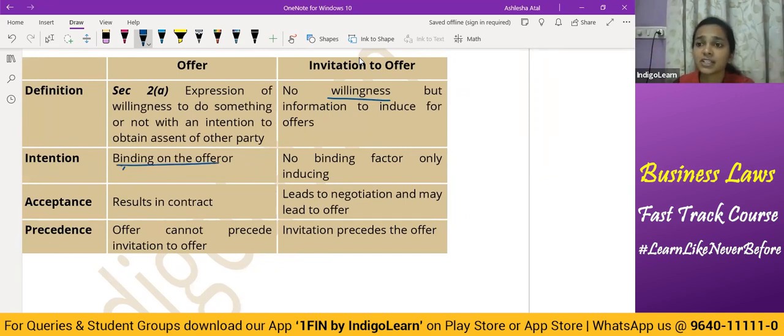However, in case of invitation to offer, there's no binding factor at all. Offer results into a contract. However, invitation to offer results into an offer. It may lead to an offer. Offer cannot precede invitation to offer. It is always an invitation to offer, then an offer. Offer cannot come before an invitation to offer.